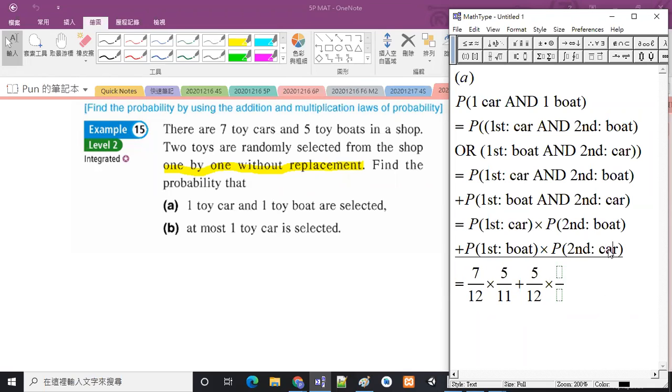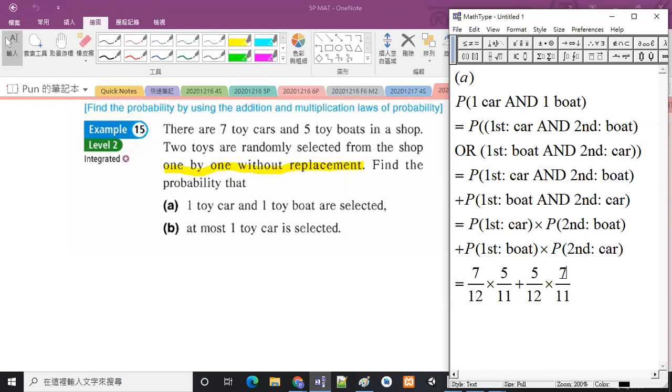And then the last probability is about the second choice is a car. When we do the second selection, how many options are there? There will be only 11 options, right? And then among the 11 options, how many of them are toy cars? Because the first one selected was a boat, it did not affect the number of toy cars. So there will still be 7 toy cars in our options, right? So there will be 7 here.